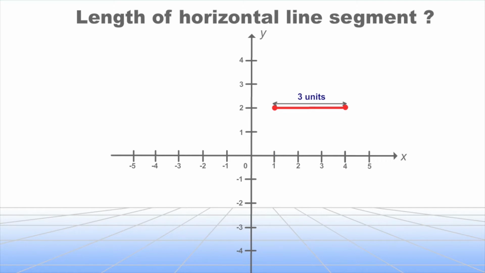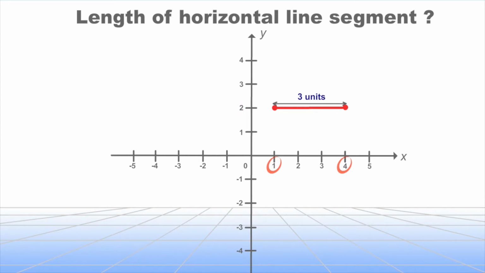Now, suppose we know the coordinates of the two endpoints of this line segment. How then can we calculate the length of this horizontal line segment? So, what are the coordinates of the two endpoints? Can you see that the x-coordinates are 4 and 1, and the y-coordinates are the same, that is 2?